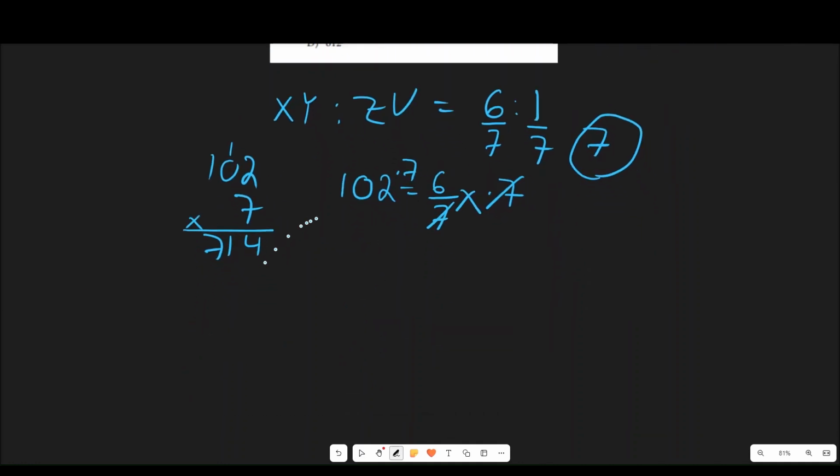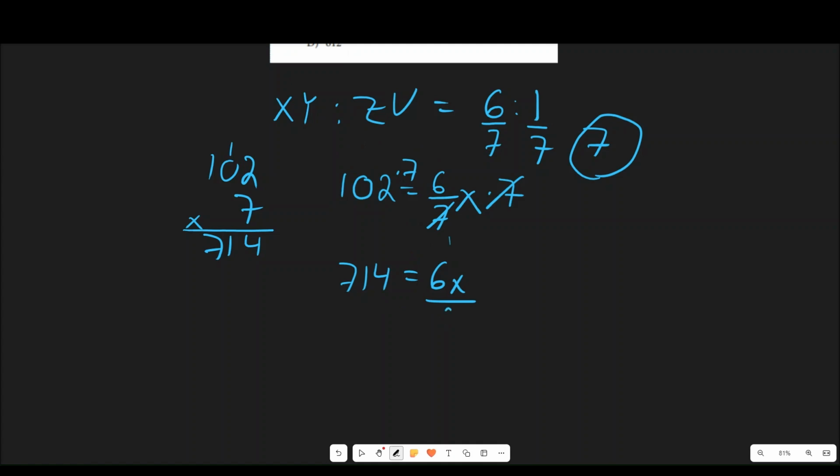What we will be having here is 7/14 is equal to 6x, right? And remember, x is just our total of these two line segments. So again, remember 6 parts to 1 part. In total, there are 7 total parts. So we're just trying to get the total of these two line segments.